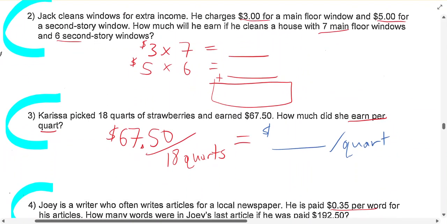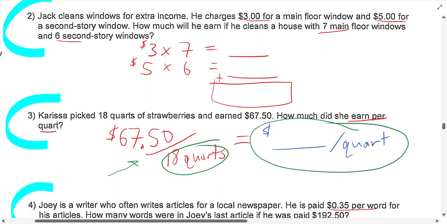For the strawberries, you're trying to figure out how much you get paid per quart. Remember, this line there stands for the word per. So we have the cost per quart, meaning we divide the cost by the quarts to figure out how much she earns per quart.